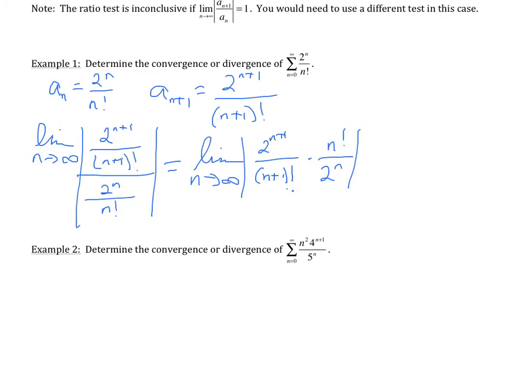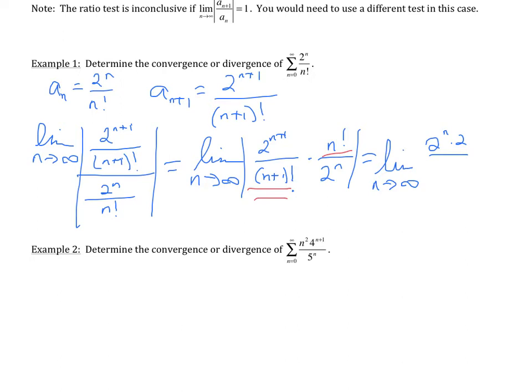All right, so now we want to simplify this, and this is kind of an interesting and fun simplification process. So 2 to the n plus 1 is just 2 to the n times 2 over n plus 1 factorial. And we want to compare n plus 1 factorial with n factorial.